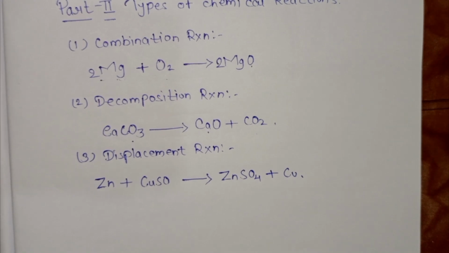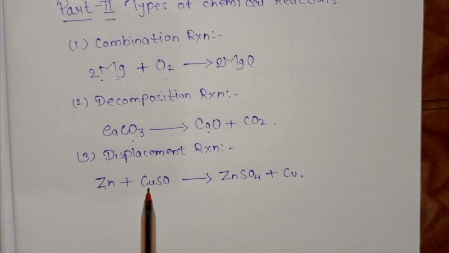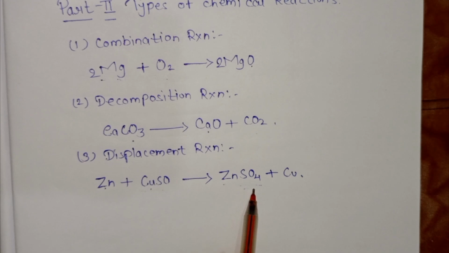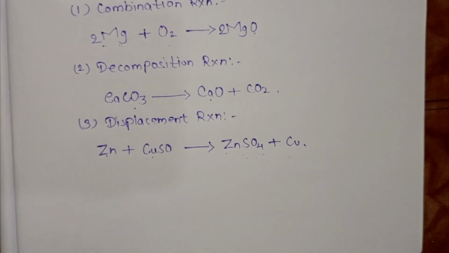In this case, copper is displaced by zinc. Zinc displaces copper from copper sulfate to form zinc sulfate and copper metal. See the displacement reaction.